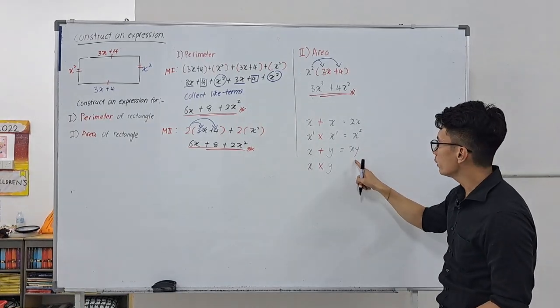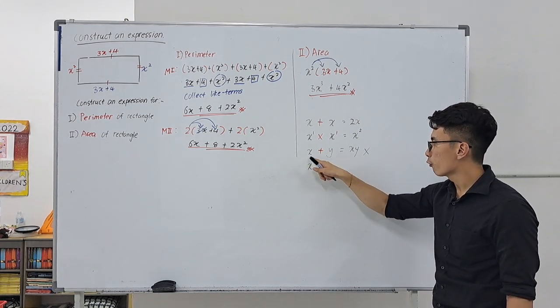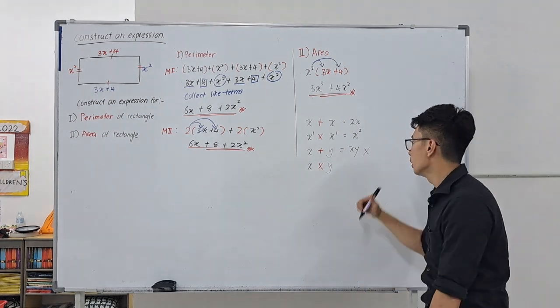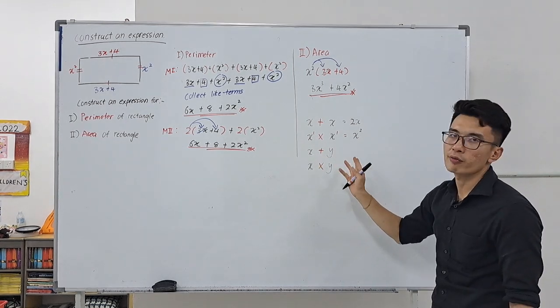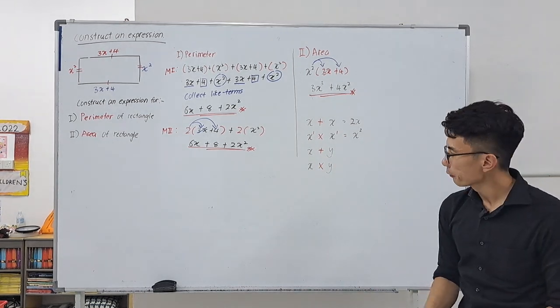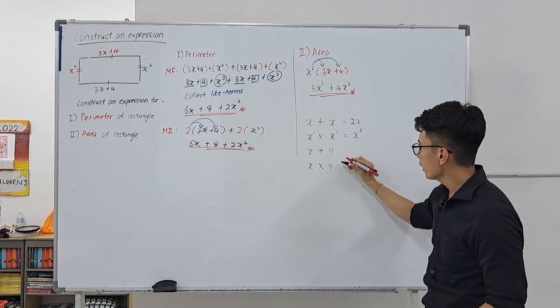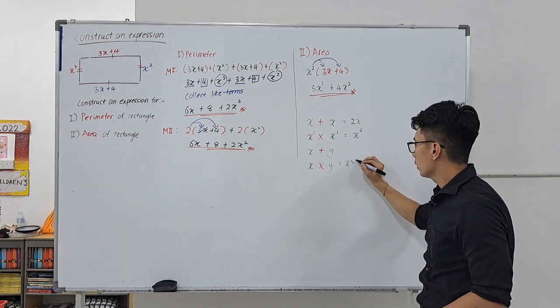But if you do that, that will be wrong. Why? They are from different families. If they are from different families, you can't add them together. So x plus y is just like that. We can't simplify this anymore. Whereas for x times y, that will give me xy.